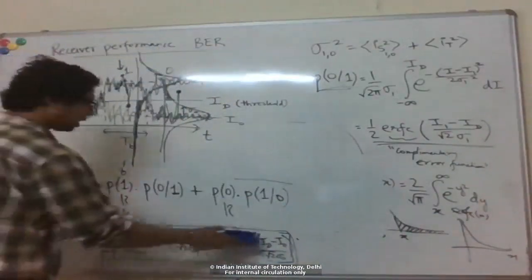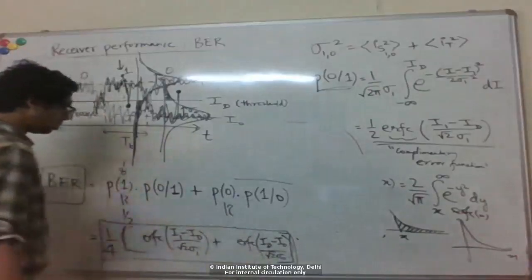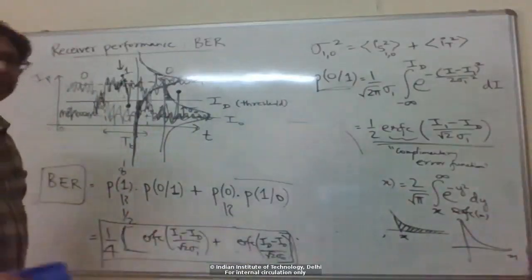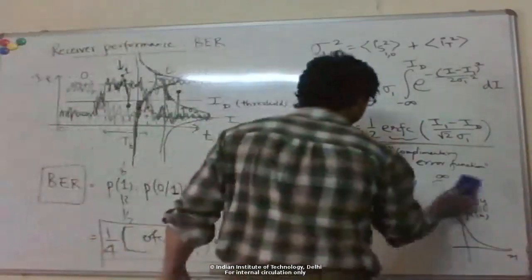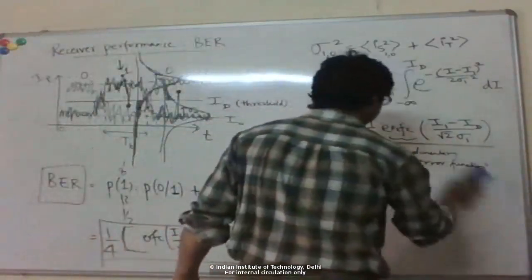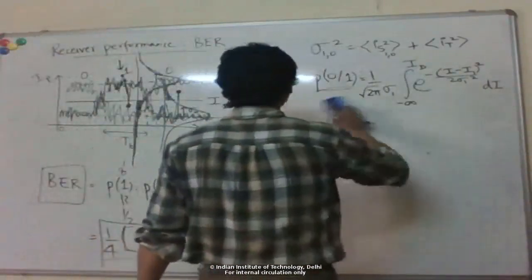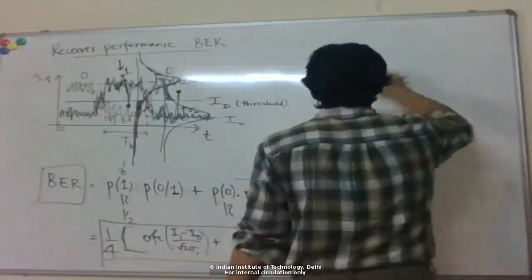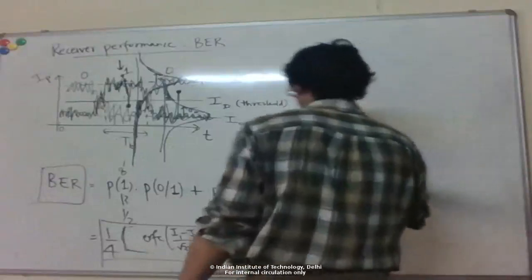For a given I1, I0, sigma 1, sigma 0, what ID should I choose to minimize the BER? That's something I should know, so that I can set the optimum value of the threshold.